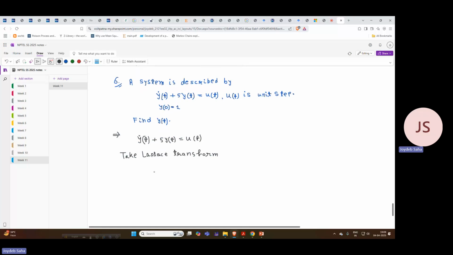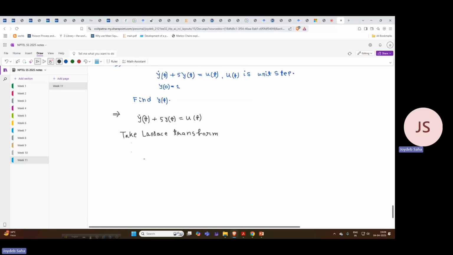Take Laplace transform. So we will get s of capital Ys minus y of 0 plus 5 y of s is equal to 1 upon s.